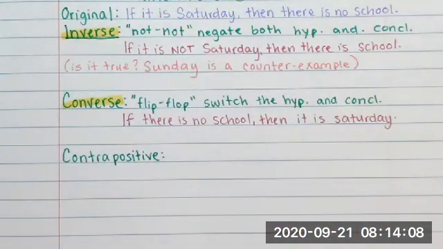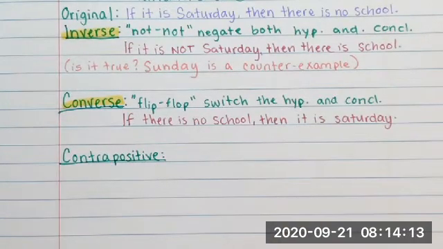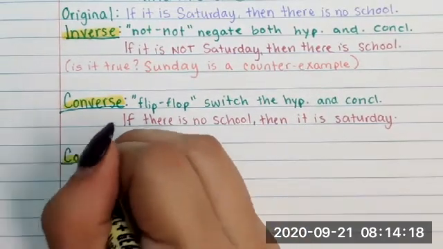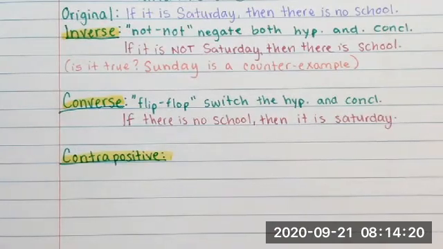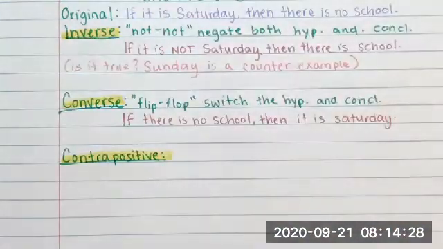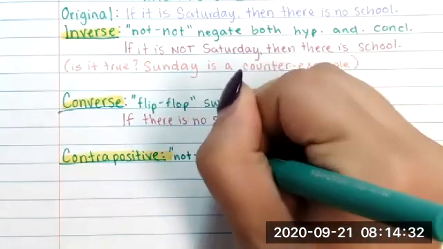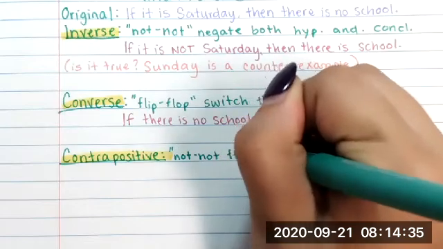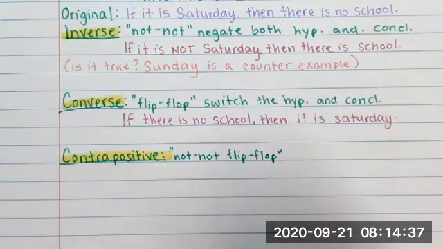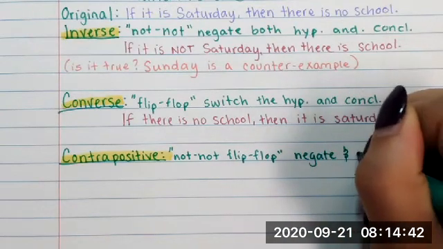This is a long, weird word, contrapositive. And it is the longest one, and so I think of it as both of these put together, the not flip-flop. Because it does both negate and switch.